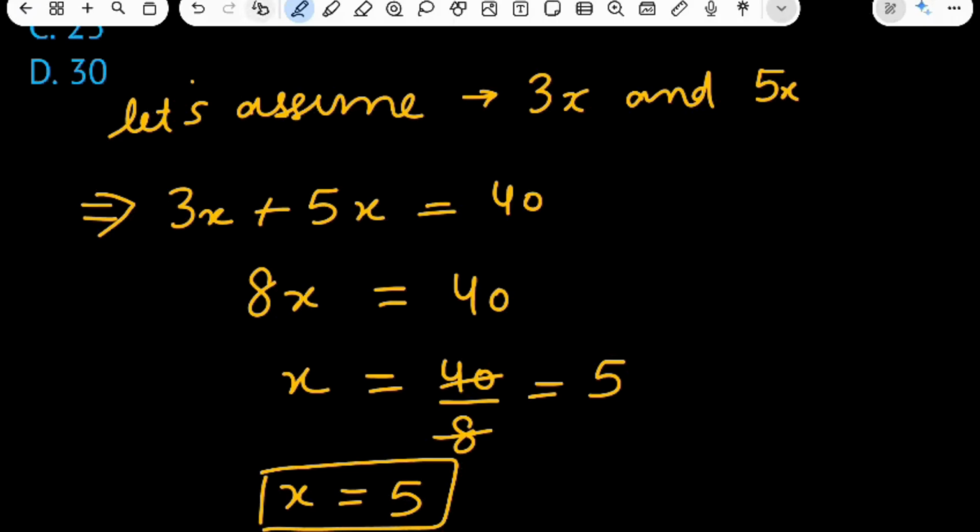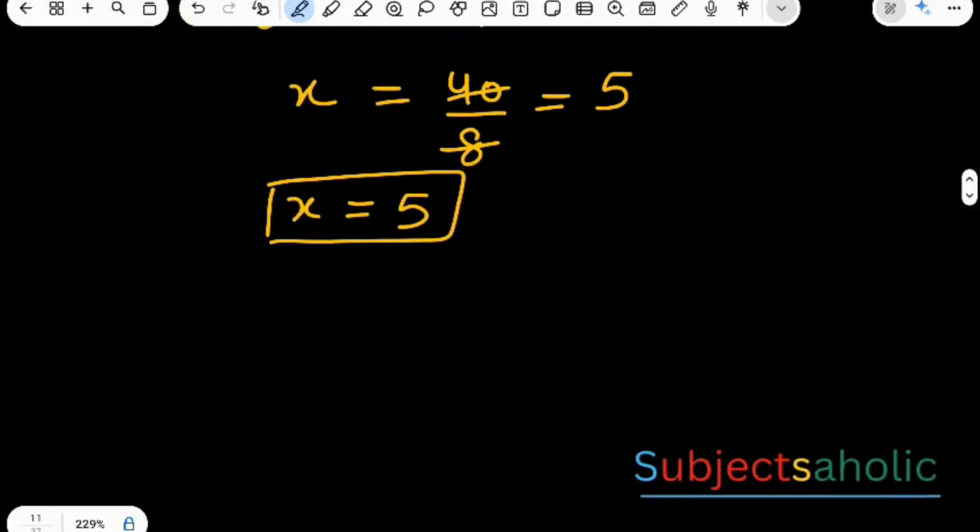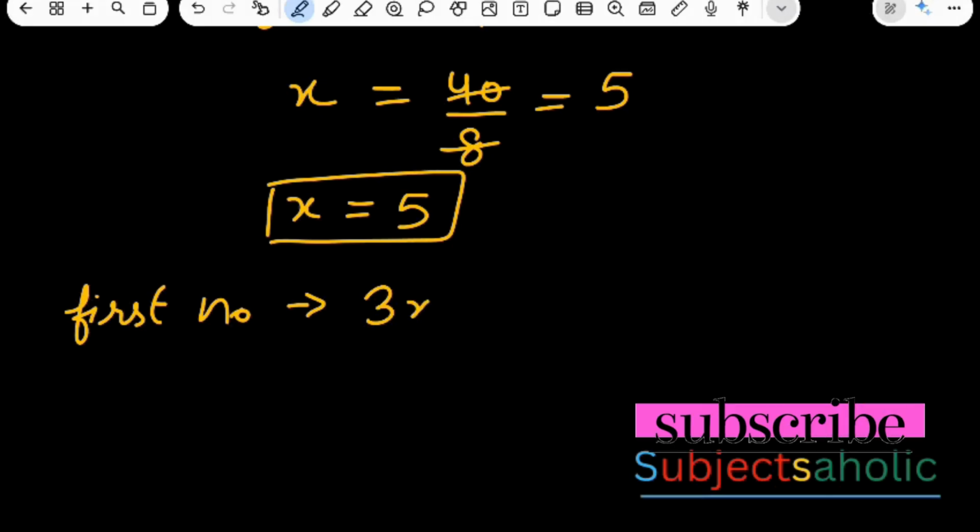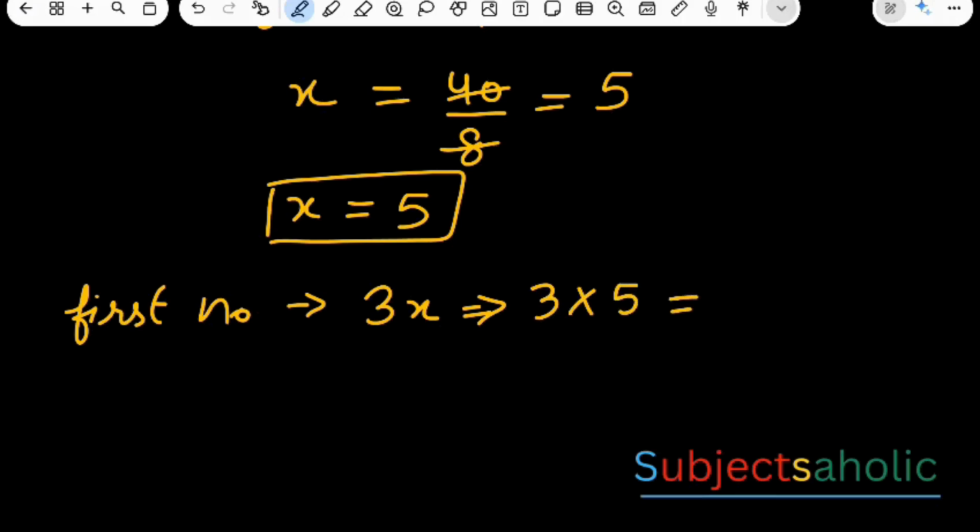We are asked what is the larger number, or if we reverse the question, what is the smaller number. Simply we will get both numbers by solving this. The first number is 3x, which is 3 multiplied by 5, equal to 15.